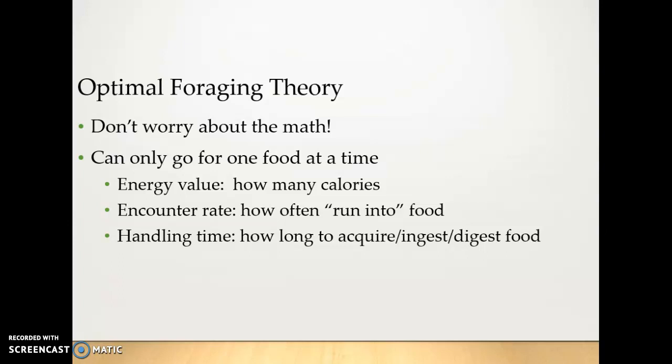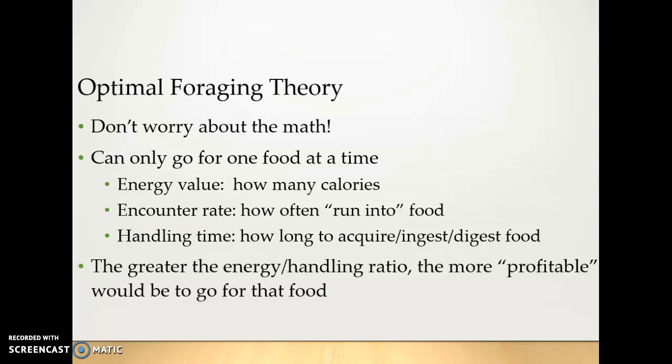Now, it's possible very often to look at just two of these. The encounter rate is the one that gets left out because it is something to consider, but it's maybe not as important as some of the others. Generally, the rule of thumb of optimal foraging is that there are some foods that are more profitable than others.